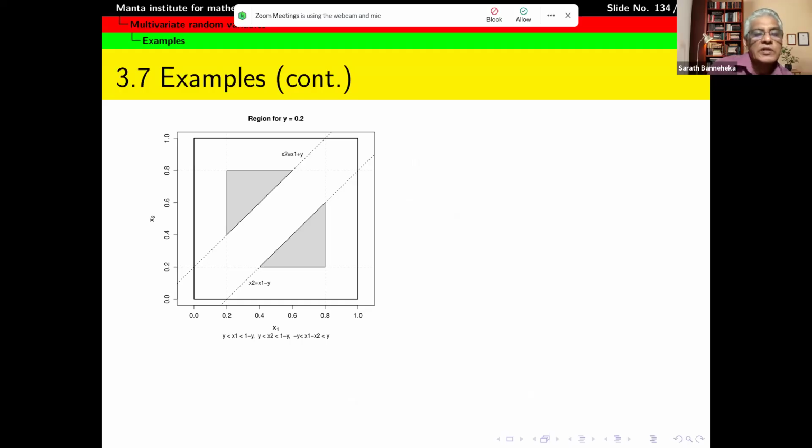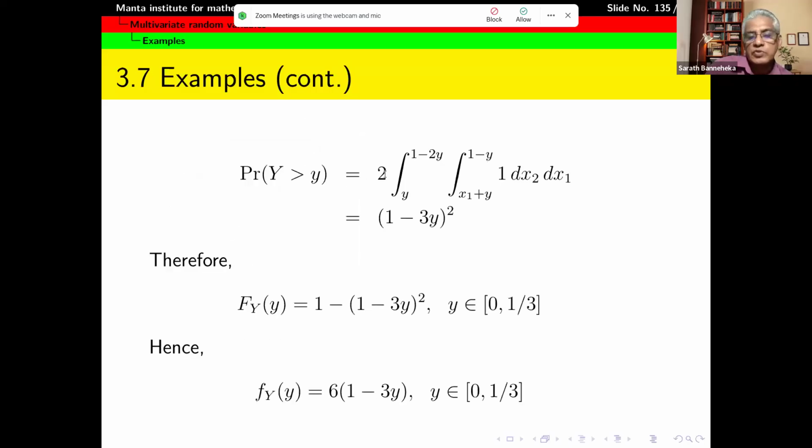What I have done is actually integrated because the volume spanned over this area plus this area will be twice the volume spanned by this area. So I have not integrated over this thing separately. I have taken twice of this. That's why this 2 comes here.